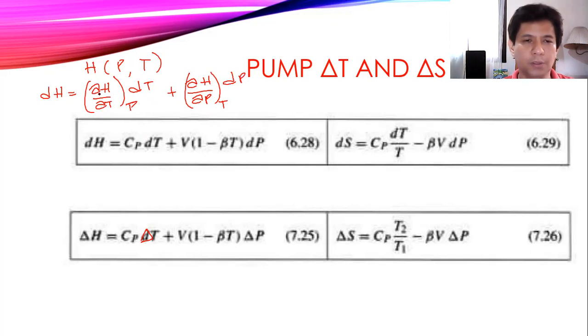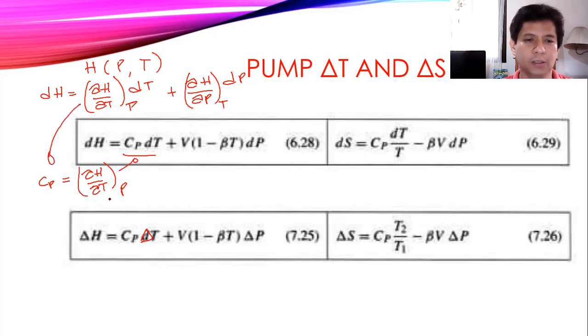Okay. So this one, the partial derivative of H with respect to temperature at constant P, this is simply Cp. No, that's the definition of Cp. So that's where the first term is from, no?